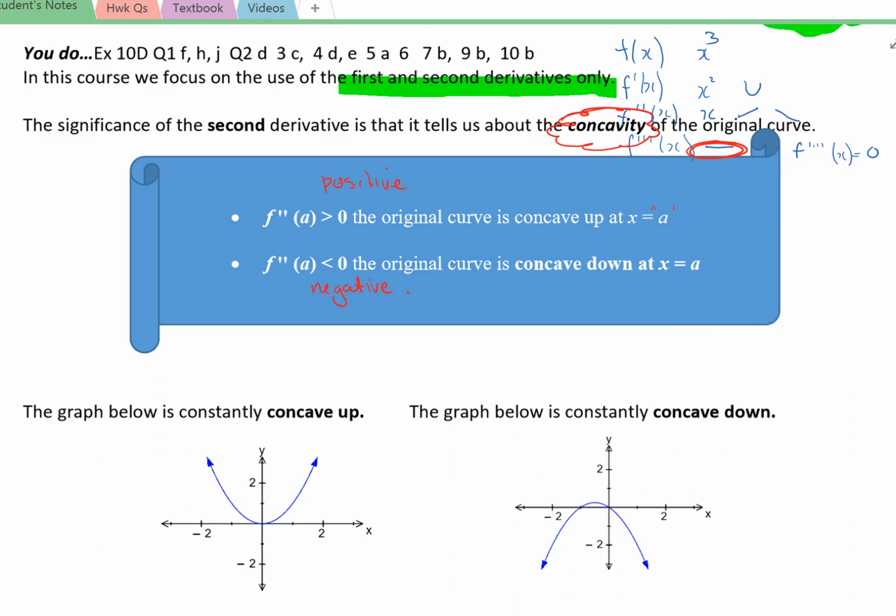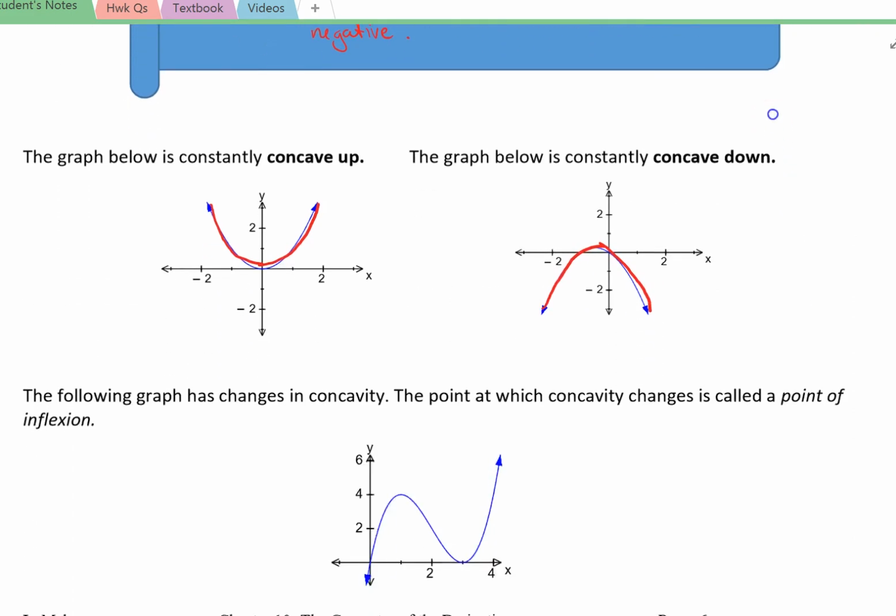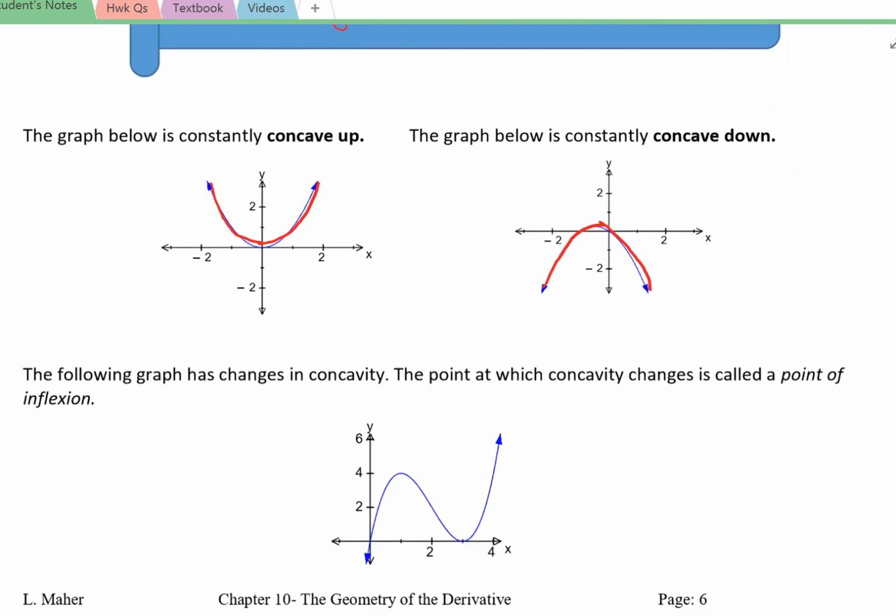So concave up just means scooping up. This part of the curve is scooping up, and this part of the curve is scooping up. This part of the curve is scooping down, and this part is scooping down. So we call those concave up, concave down.